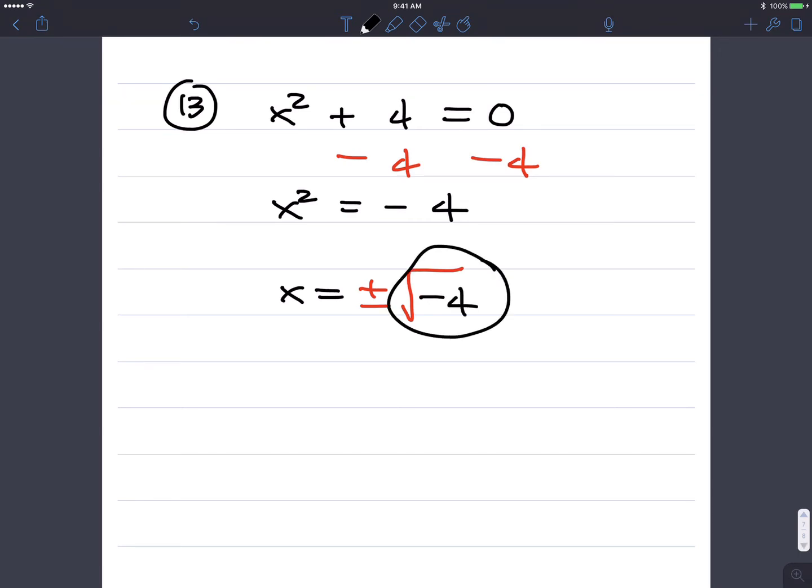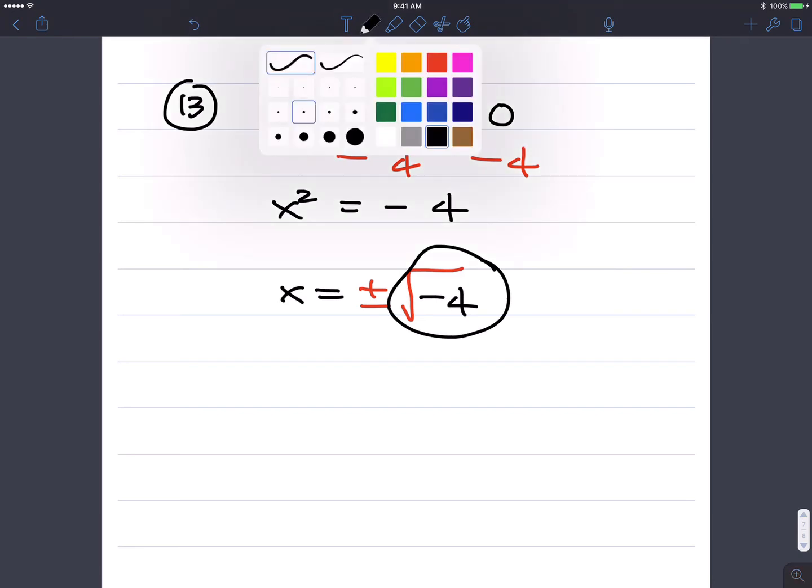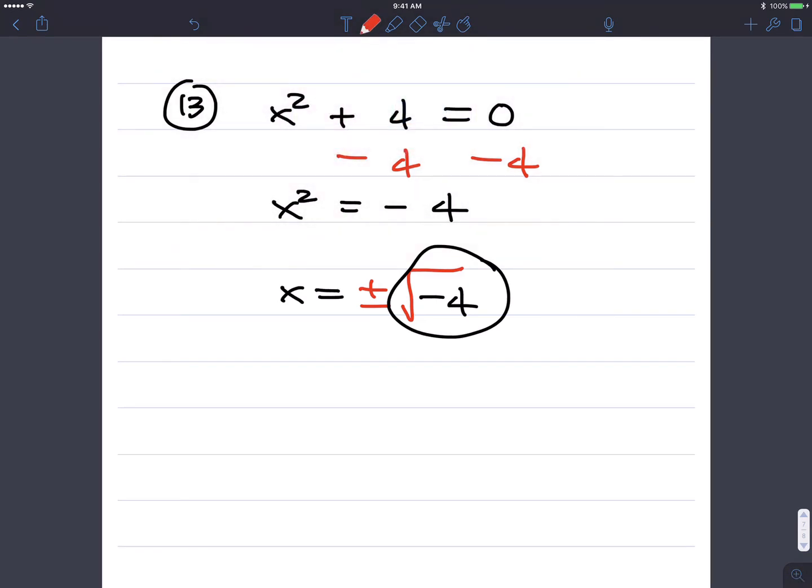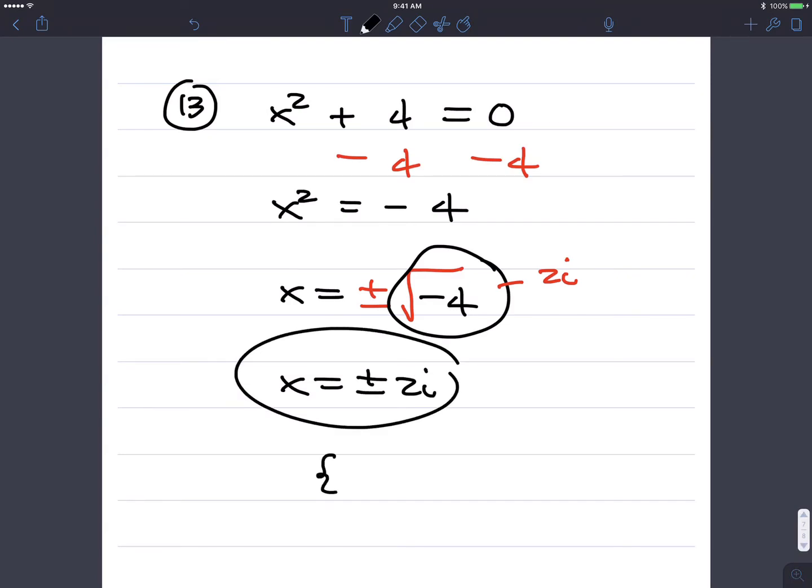Now, what I'm going to say to you is you did some homework on this, so I'm not going to go through every detail, but to say the square root of negative 4 is 2i. Okay, so you can review your homework on that. And your final answer is plus or minus 2i. So I have 2i and negative 2i. And you're done.